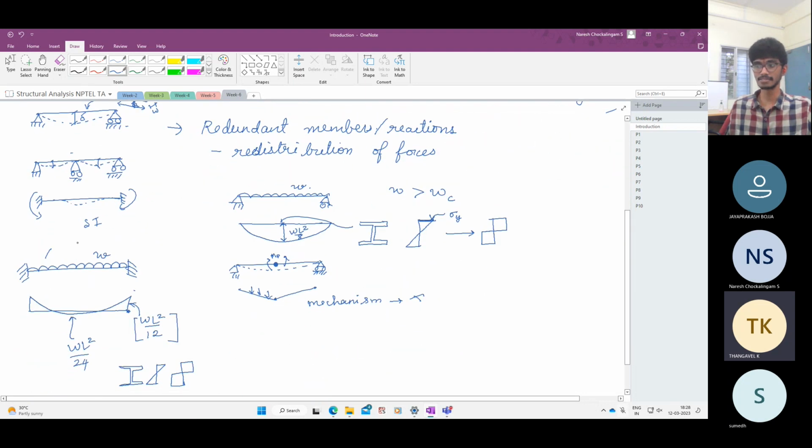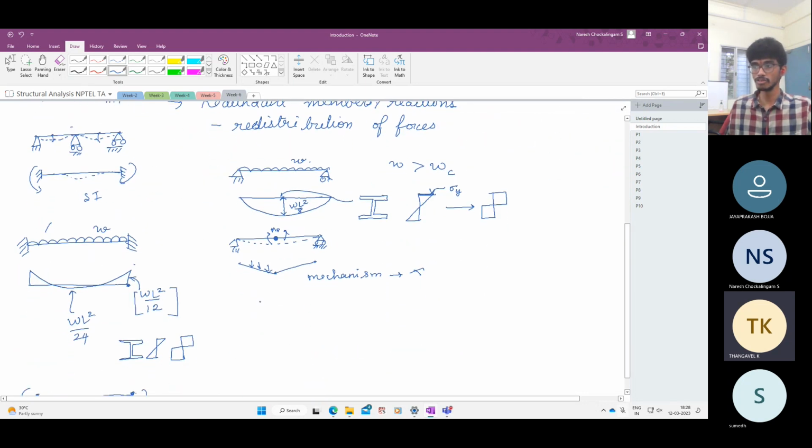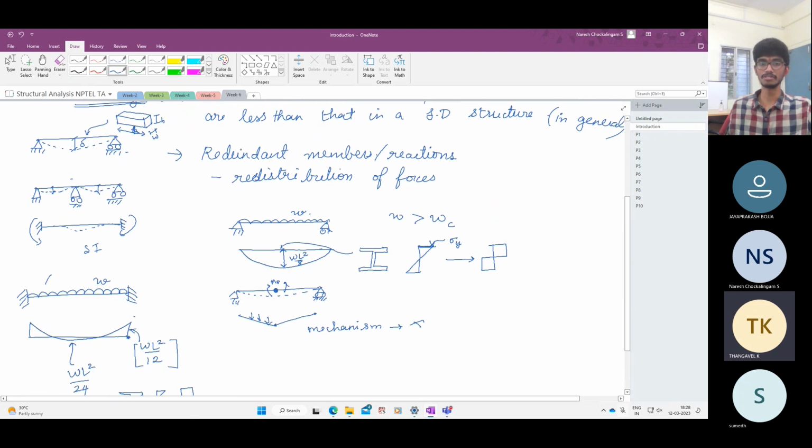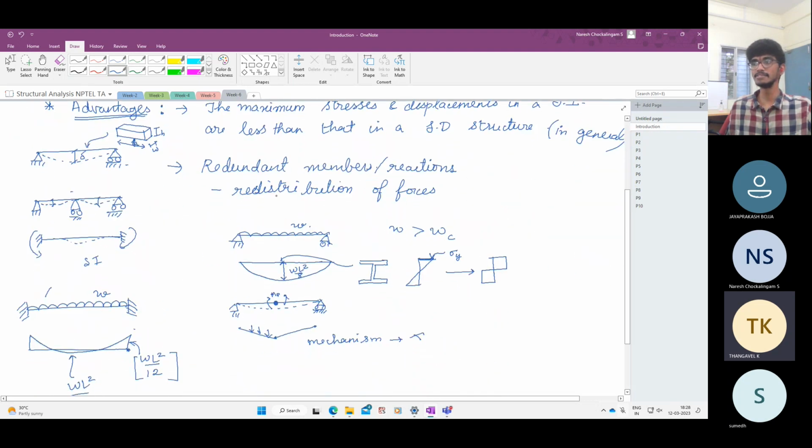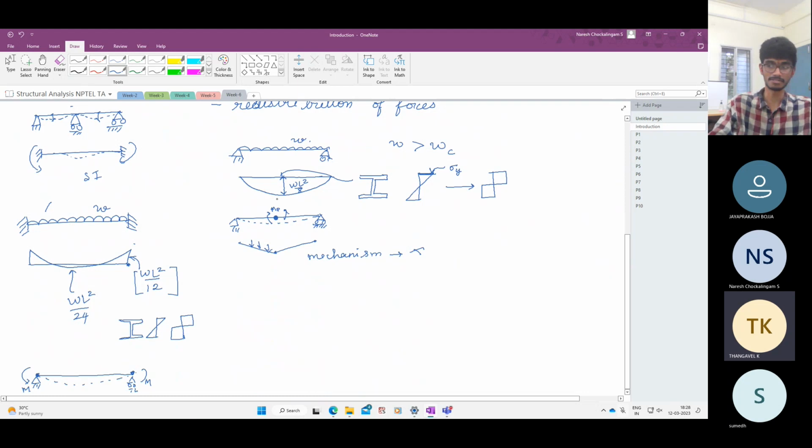So accidentally, if the structure is overloaded, the static indeterminacy ensures that the structure doesn't collapse in a catastrophic manner. So these are the two main advantages of statically indeterminate structures.